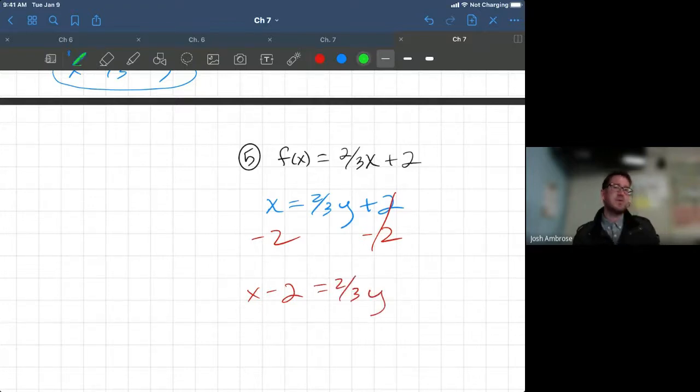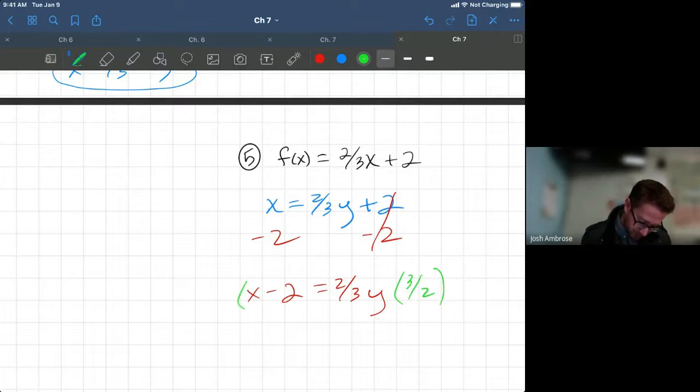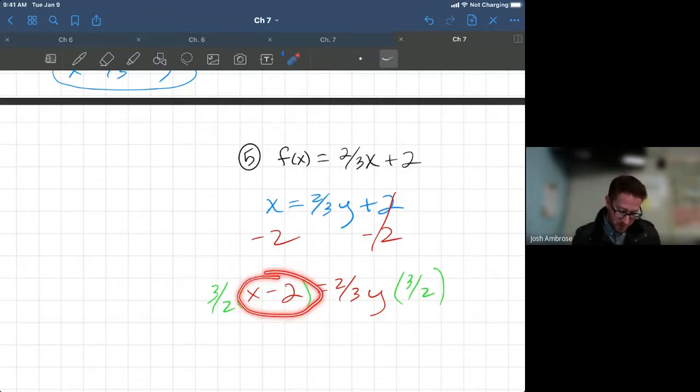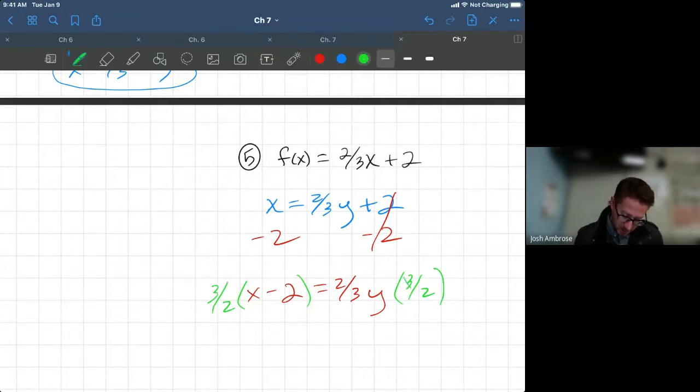Now, how do you get rid of a fraction? You multiply by the reciprocal. You don't actually divide. So we're going to multiply both sides by the reciprocal, which is 3/2. Make sure you notice I put the whole thing in parentheses right here. The whole thing needs to be in parentheses, multiplied by the reciprocal. This will cross out, leaving just the y. Now distribute into the parentheses.